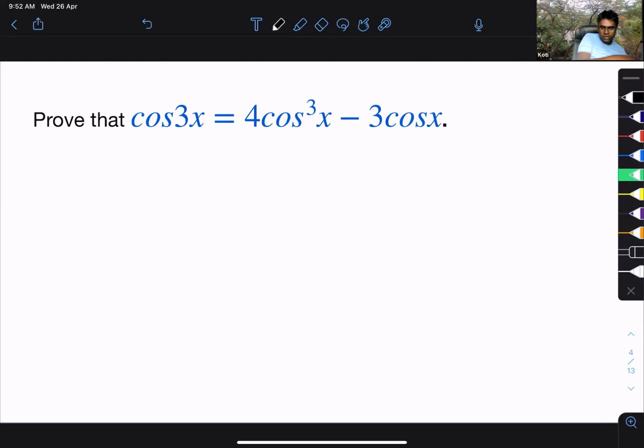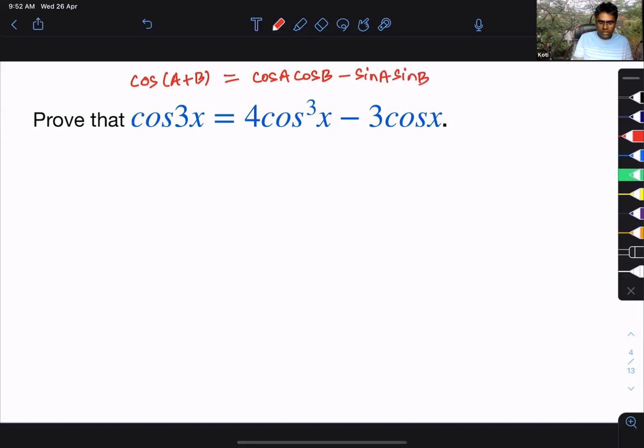Here also you should guess that we can use those identities of sum of two angles. So I have cos of a plus b. Cos of a plus b is cos a multiplied by cos b minus sin a multiplied by sin b.